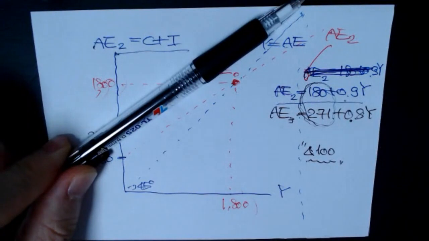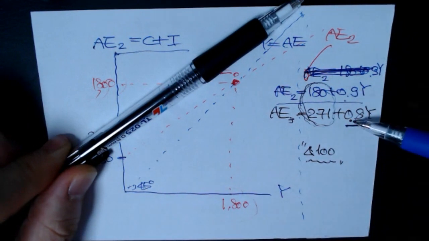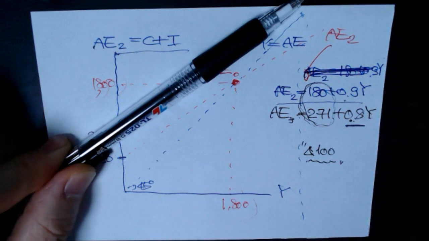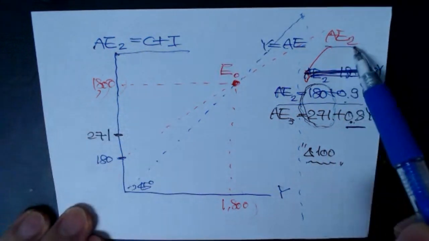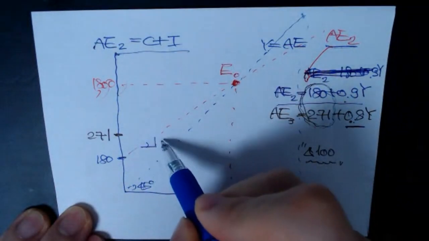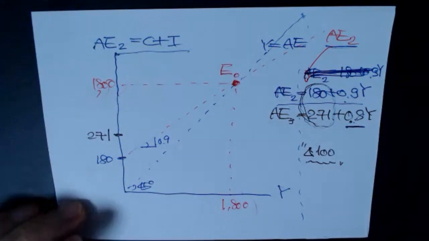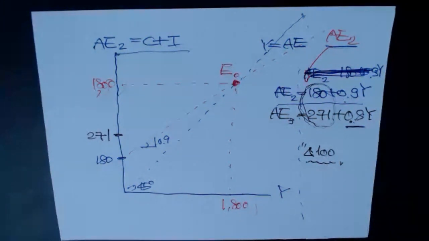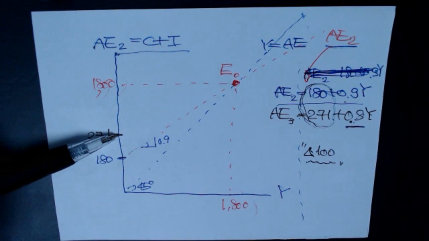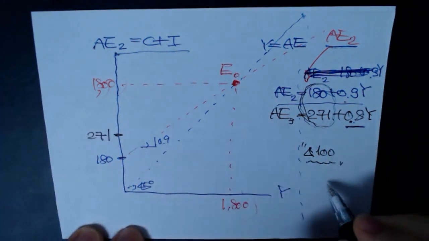But unluckily, in our example, this doesn't happen because the slope of the aggregate expenditure now changes from 0.9 to 0.8. So this one, AE2, the slope was 0.9. Now we have to draw one graph starting from here, but with a slope of 0.8, which means a flatter one.